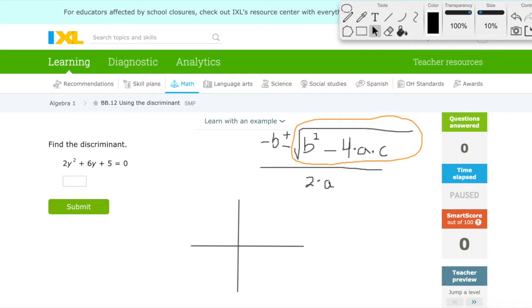So the first thing you need to do is think back to when we introduced the quadratic formula, and think about how we have an a value, a b value, and a c value. And those would all get plugged in here. Let's only do the stuff that's circled in the orange there.